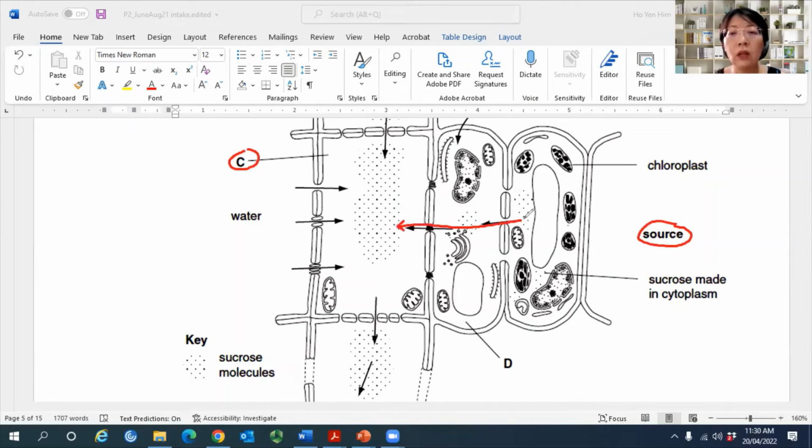If you write from source to sink, this gets no mark because the question didn't ask you. So you only tell me the part that the question asked, which means again, write minimum, score maximum. Only answer what the question asks. Can or not?